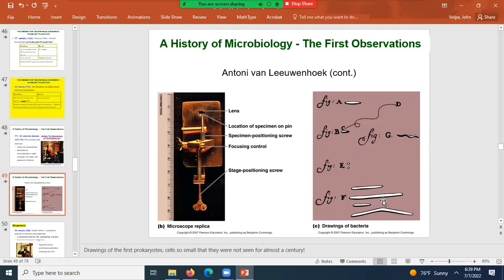These cells were so small that they were not seen again by other microbiologists for 100 years. They needed the development of the microscopes to improve so that people could focus in and then see the bacteria that Antony van Leeuwenhoek, with his microscope, saw 100 years earlier. Any question about that?